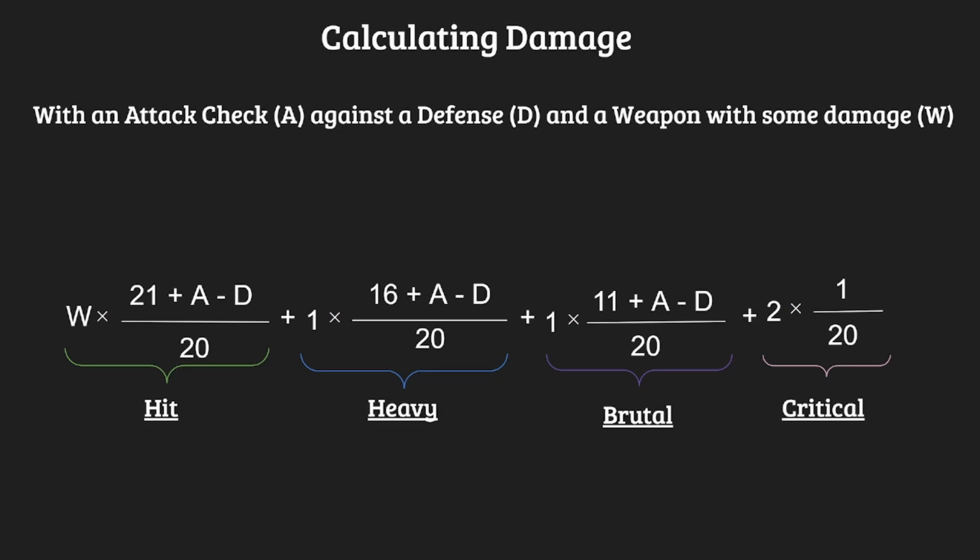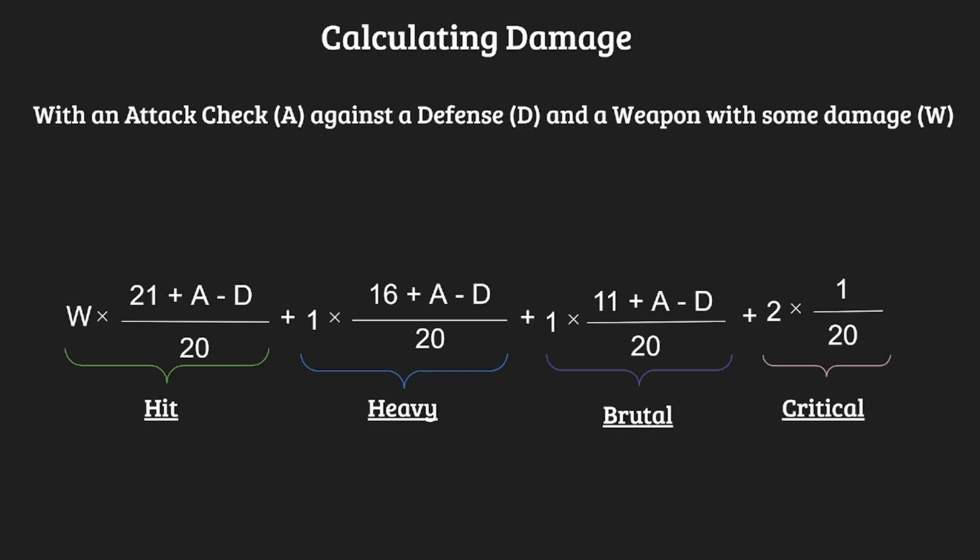And then we add on to that the damage we get from heavy hits, which would be 1 times 16 plus the attack minus the defense over 20. And then we add the brutal, which is the same thing as the heavy, except we're using the brutal chance. So there's that 11 instead of the 16. And then we add the critical at the end. So that's 2 more, right, times that 0.05, that 1 over 20 chance that we actually get that 20.